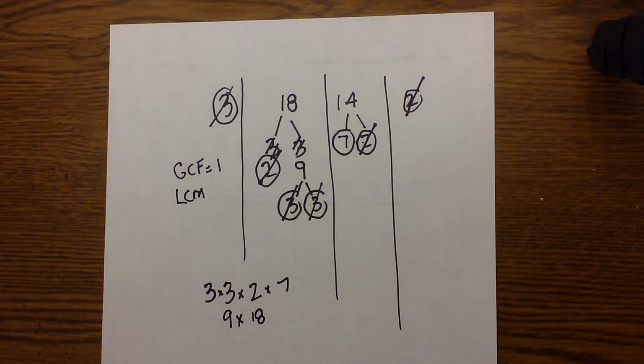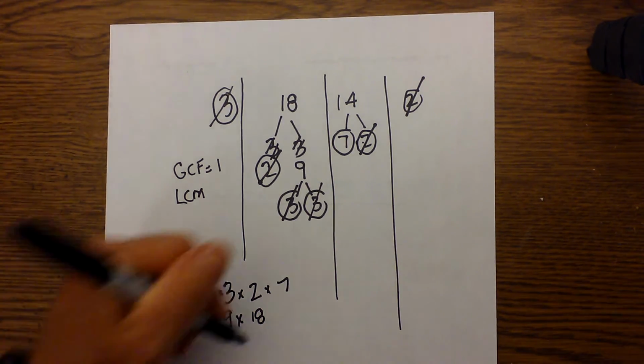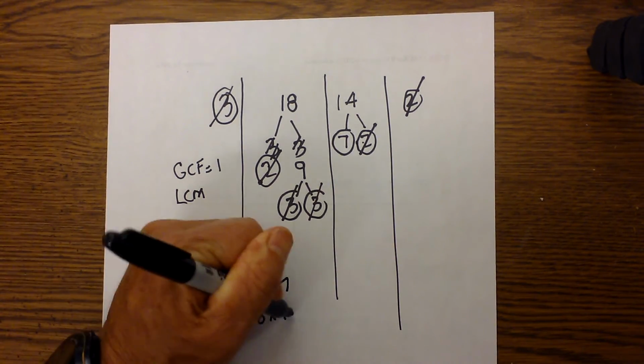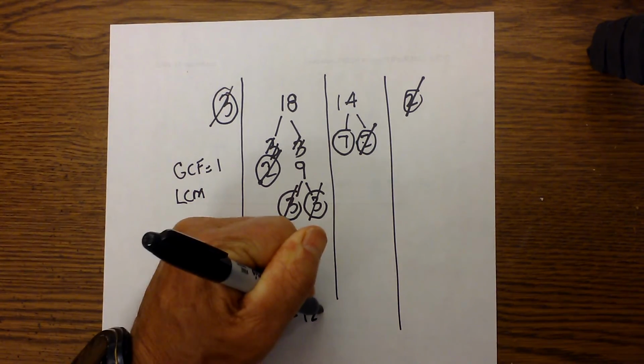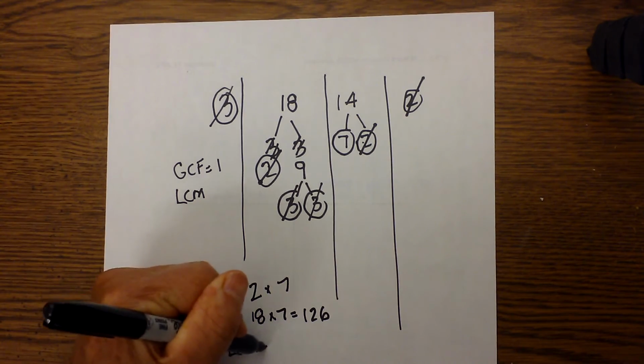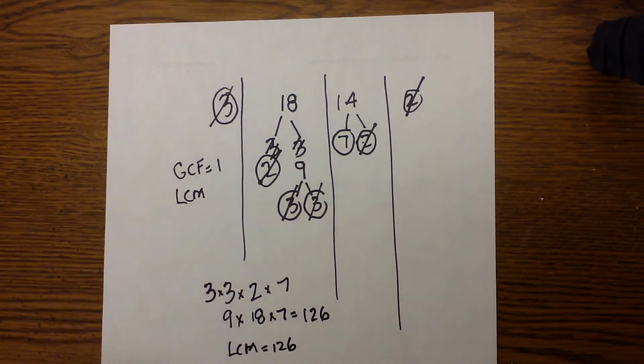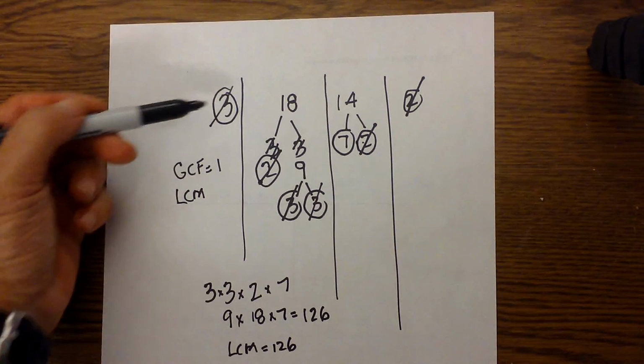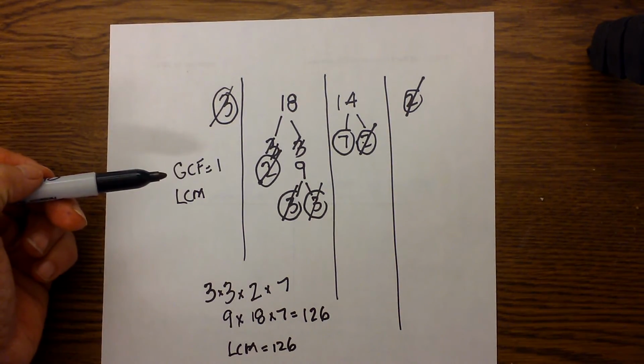And 18 times 7 is 126. So the LCM is 126.